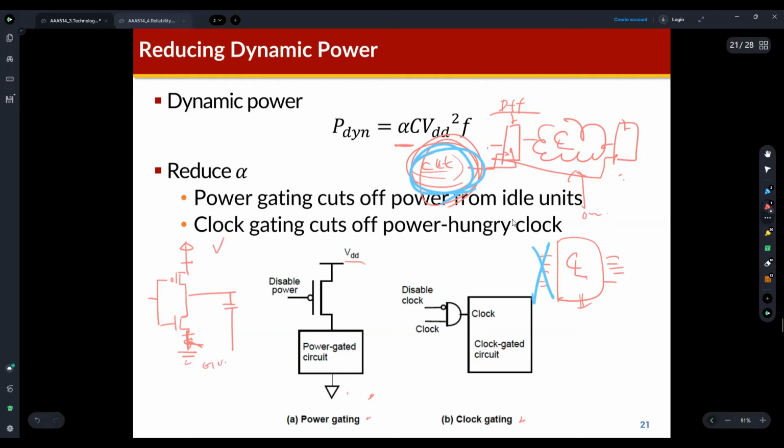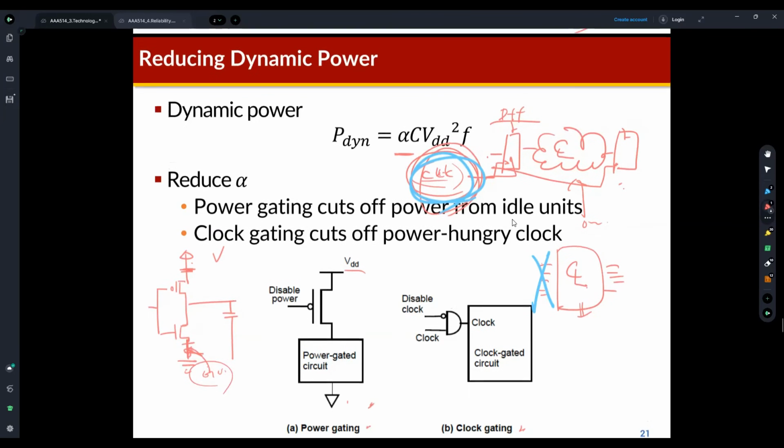That means the current flows from VDD to ground. That's why this circuit is working. But if this circuit is not used, then we can cut off the path from the power source and the path to the ground.